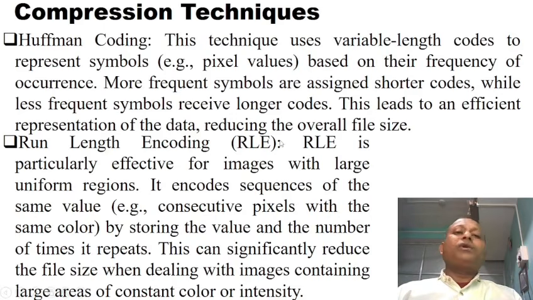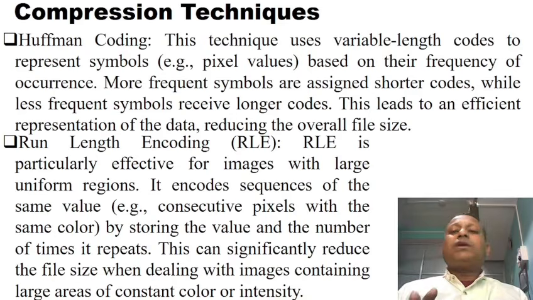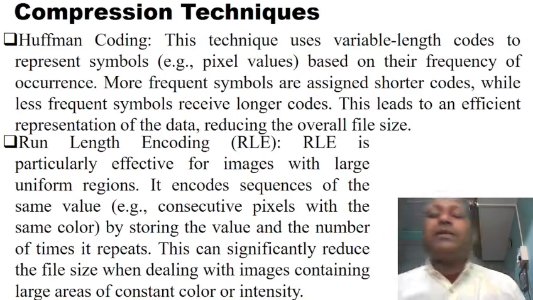Now, another concept is called run length encoding, RLE. RLE is particularly effective for images with large uniform regions. It encodes sequences of the same values, that is, consecutive pixels with the same color, by storing the value and the number of times it repeats. This can significantly reduce the file size when dealing with images containing a large area of constant color or intensity.